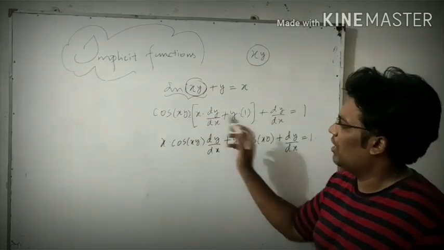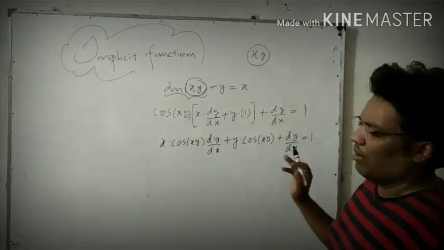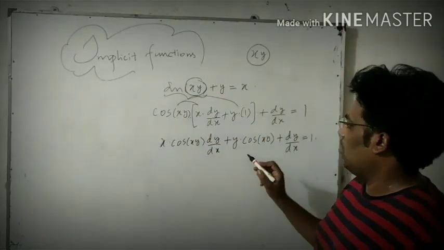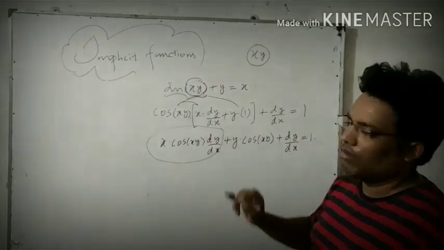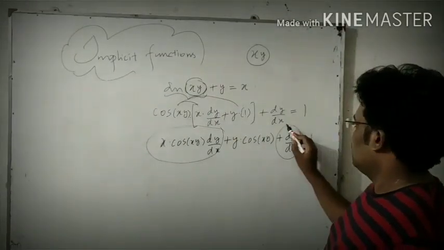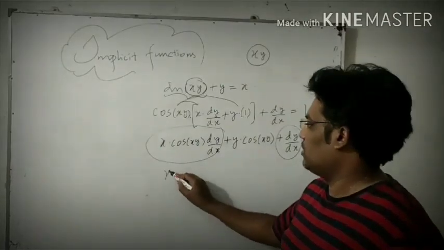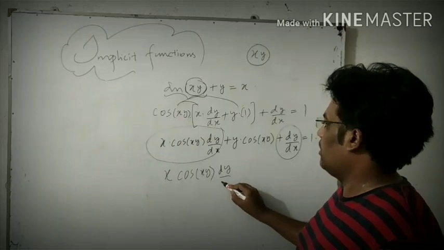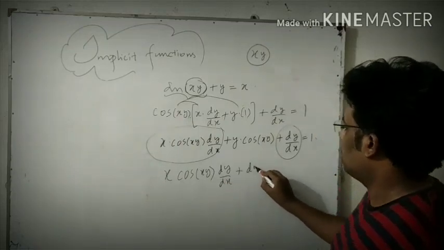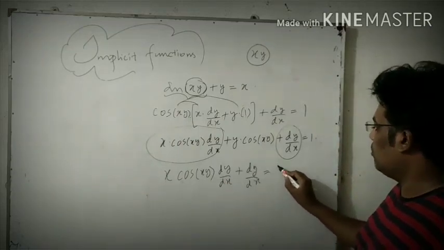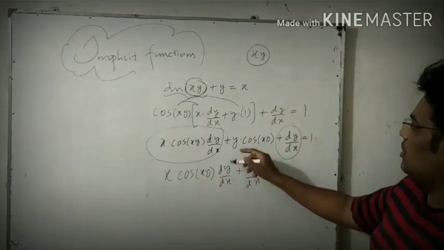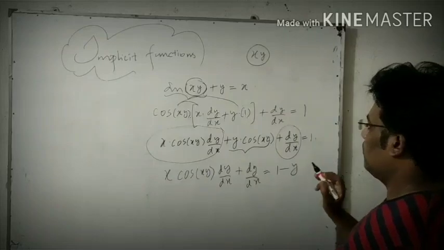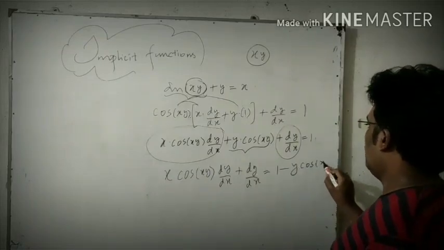Okay, now this is an expression containing dy by dx terms. Keep those on the LHS: x into cos of xy into dy by dx plus dy by dx equal to 1. This is not a dy by dx term, so send it across: 1 minus y into cos of xy.